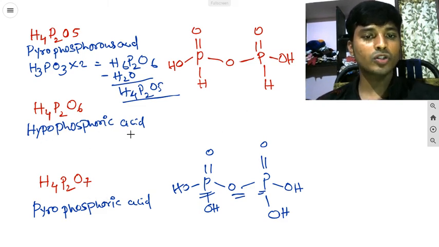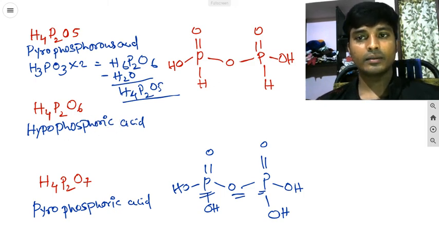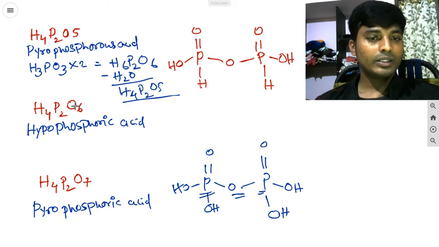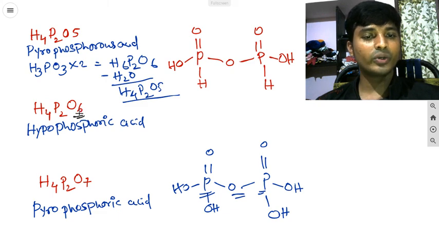Next, hypophosphoric acid. So how can this be drawn? Here an even number of oxygens is coming. Whenever you give the hydrogens and oxygen, make sure you give them symmetrically. Here there is no bridging oxygen between the 2 phosphorus.